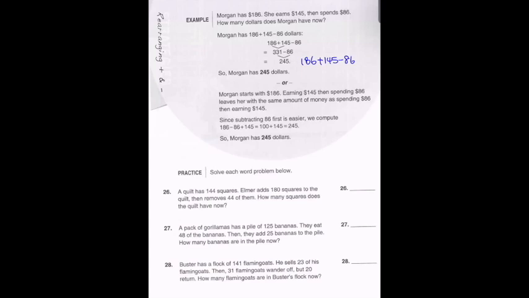So she starts with 186, then she's going to earn 145, so we add, and then she's going to spend 86. Now we can do 186 plus 145 first and then subtract 86, but an easier way to do this is by rearranging. So since 86 is repeated, if we rearrange the equation to 186 minus 86 plus 145, we know that 186 minus 86 is equal to 100.